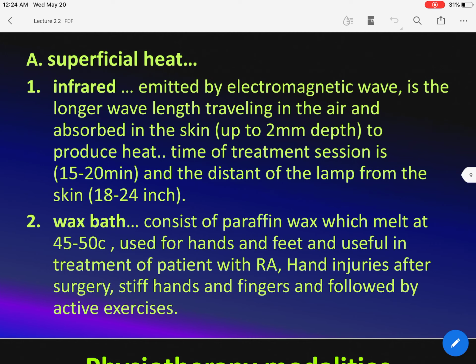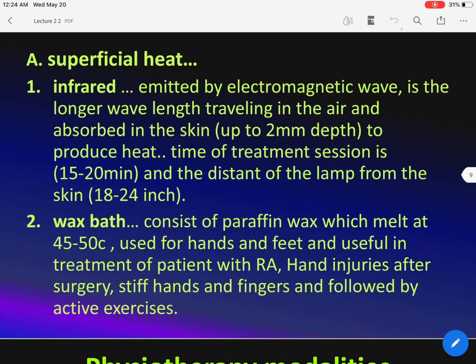These numbers are very important: 2 millimeter is the penetration, 15 to 20 minutes is the time of the treatment session, and the distance between the lamp, our instrument, and the skin and the muscle is 18 to 24 inch.